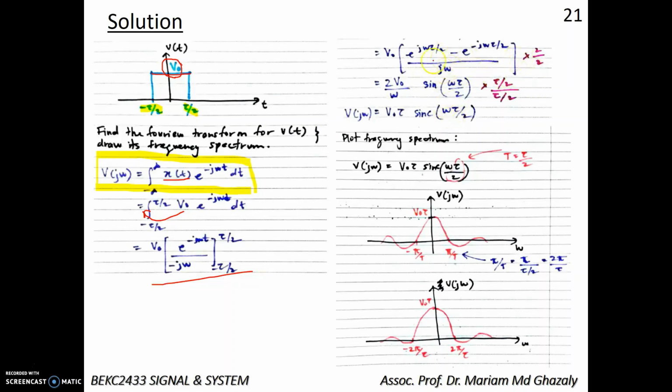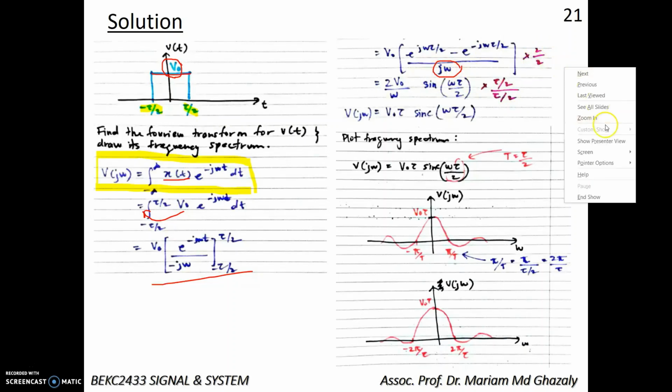If you look at this equation, the denominator has j omega, meaning this can be a sine theta signal. For sine theta, the original form is (e to the j theta minus e to the minus j theta) over 2j. You do not have the 2 over here.